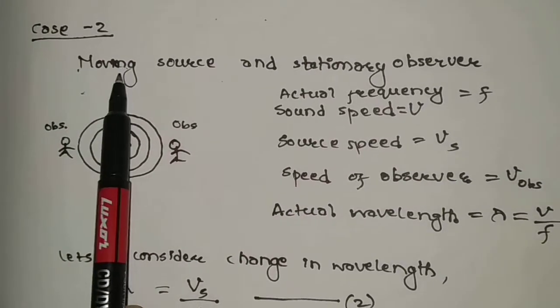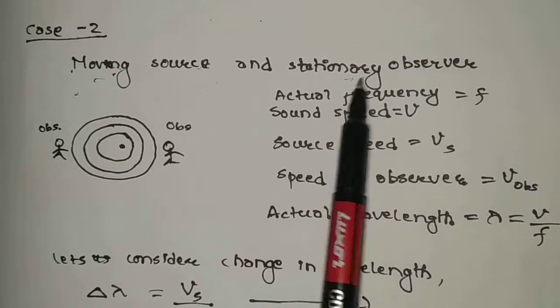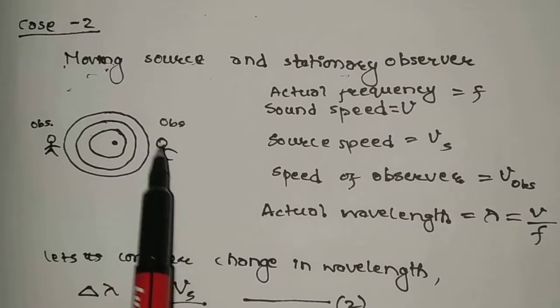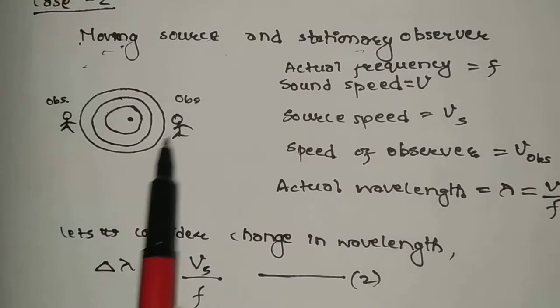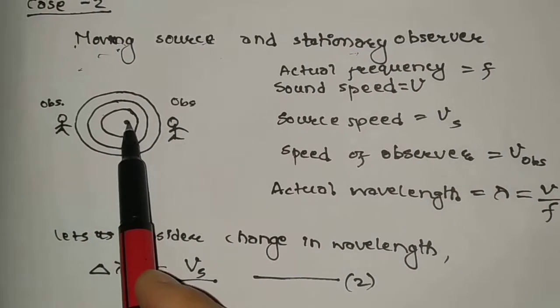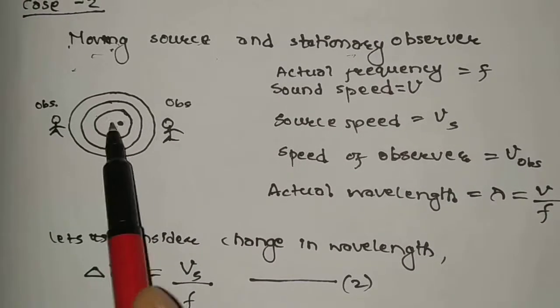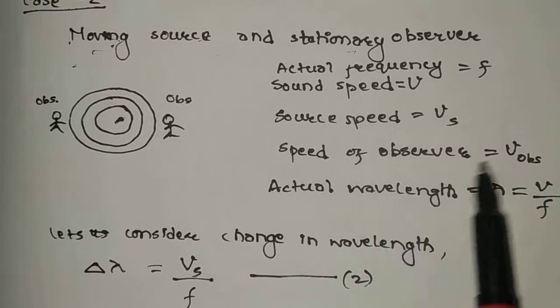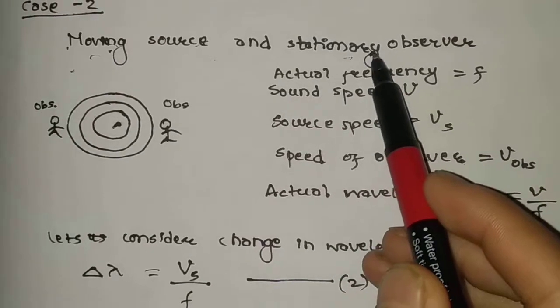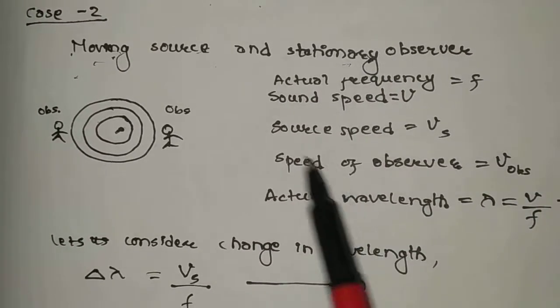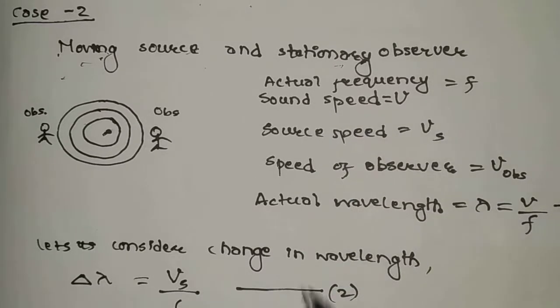Here the case will be a moving source and a stationary observer. I have considered this as the observer and this as the moving source, and we know that moving sources have a change in wavelength. So let me make it clear what we are going to use in deriving this formula.